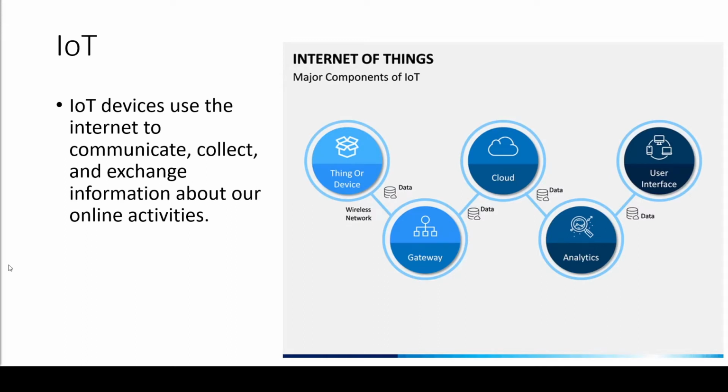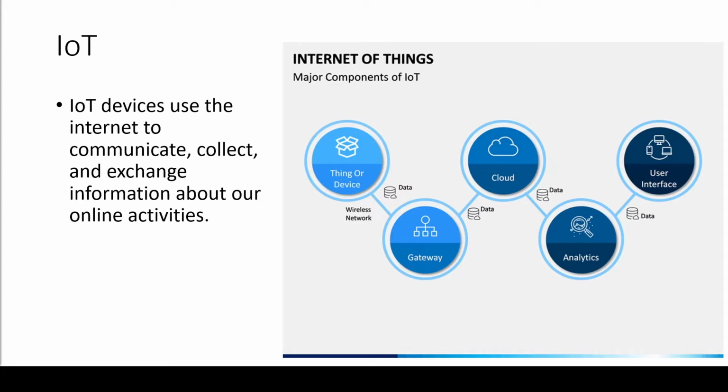So IoT devices use the internet to communicate, collect, and exchange information about our online activity. These are the major components of the AIoT. We start with the things or the device. Of course, you must have the things to start with, and then how it communicates or connects to the internet, and then with the internet, saving the data in the cloud, and then those data in the cloud, we can use to analyze.